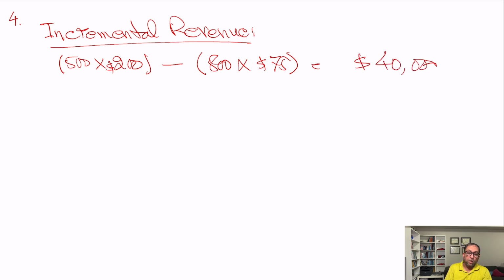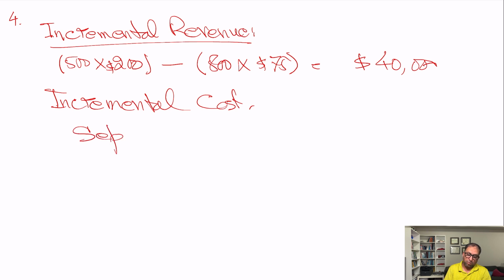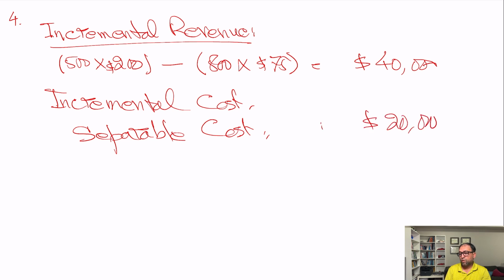What is an incremental cost? That's a separable cost, that is 20,000.